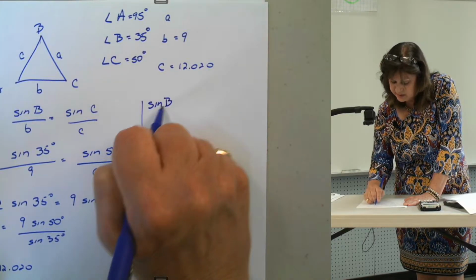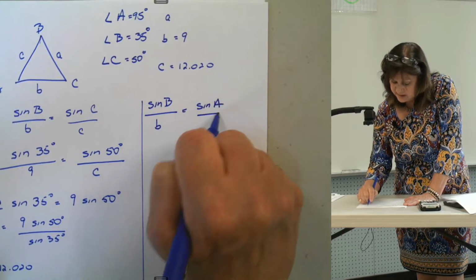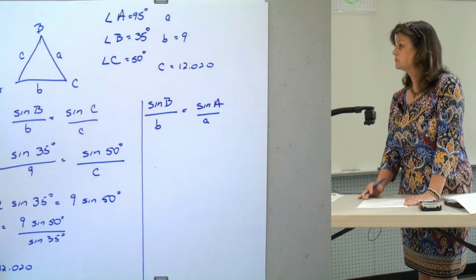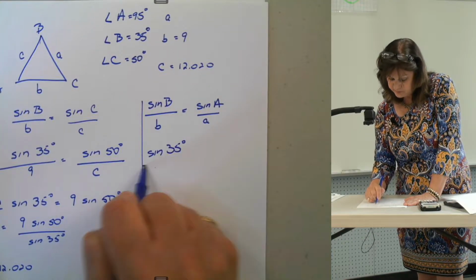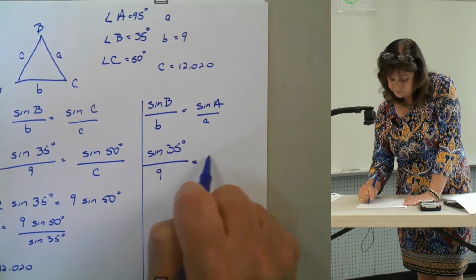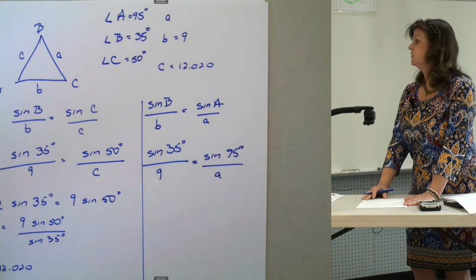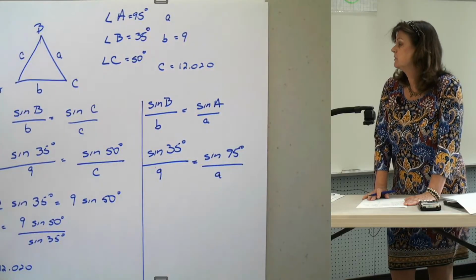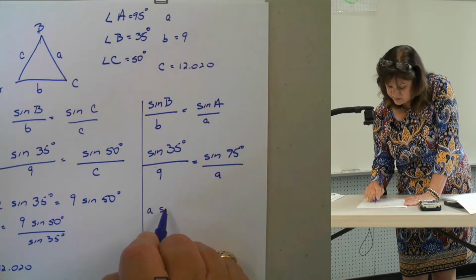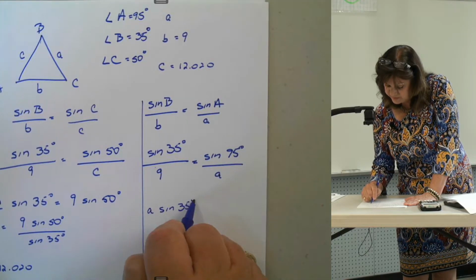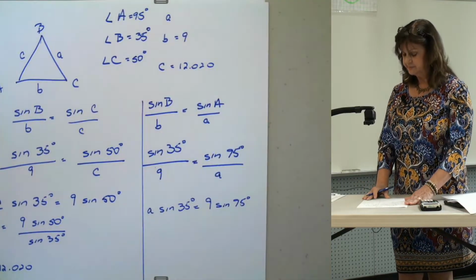So I'm going to use sine B over sine A. So sine 35 over 9 equals sine 95 over A. And we're expecting this length to be larger than 12. Cross multiply: A sine 35 is 9 sine 95.